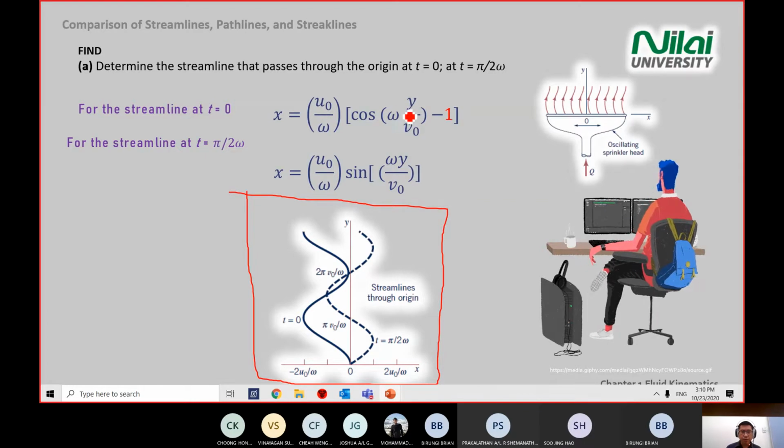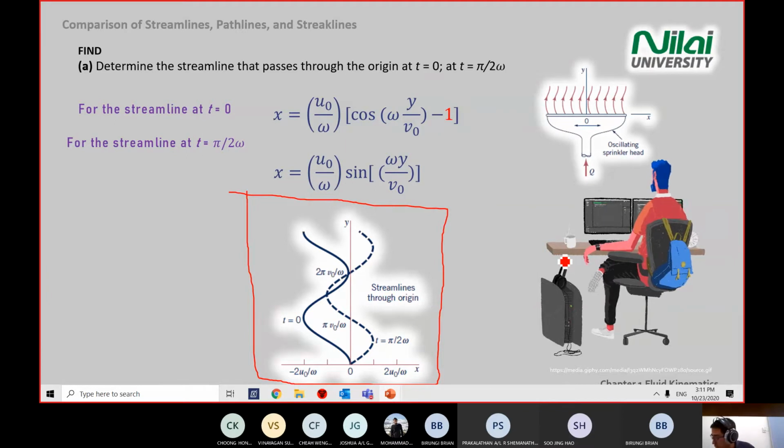This one also you put a value there. Or theta, you put theta minus 1. Then you'll get this kind of graph. Same with t equal to pi divided by 2w, equal to this one. Okay. So this is for section A.